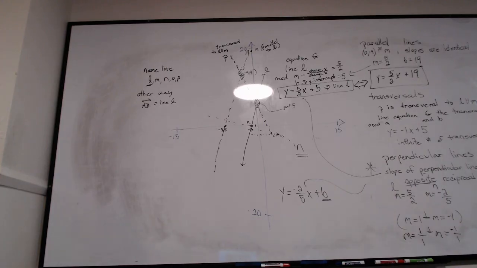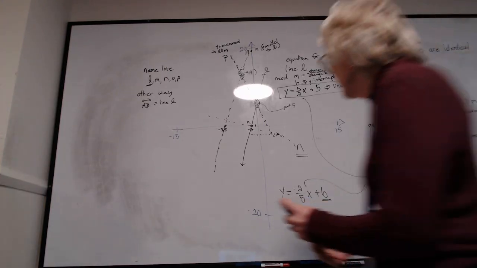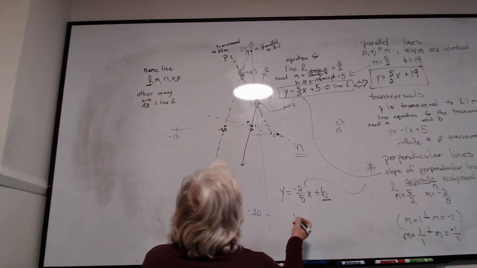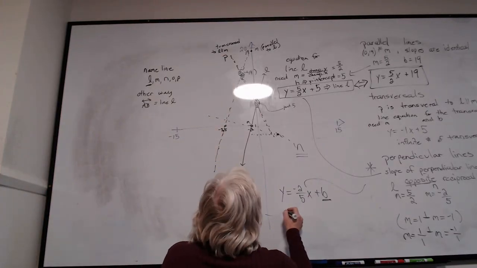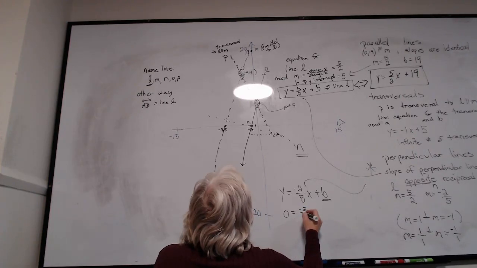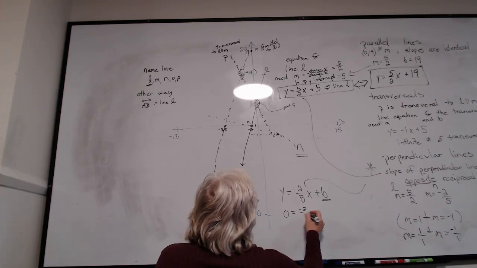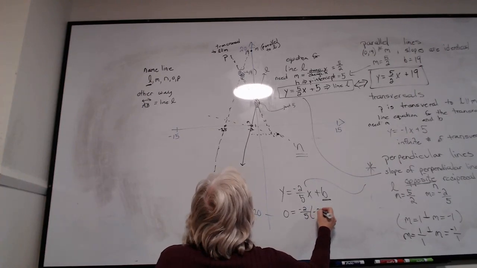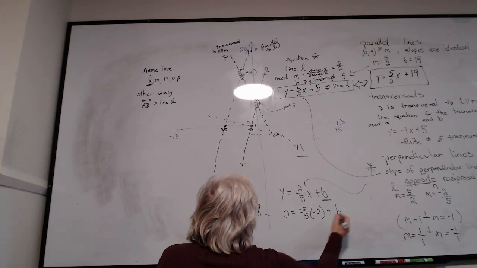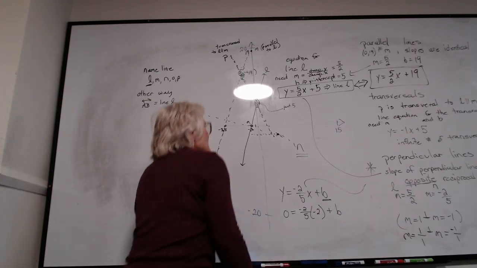Negative 2/5 times 5. I need my calculator. It would be negative 2.5. Negative 2.5 times 5. No, that's supposed to be x, and y, it's going down -2, so you should put that at y.